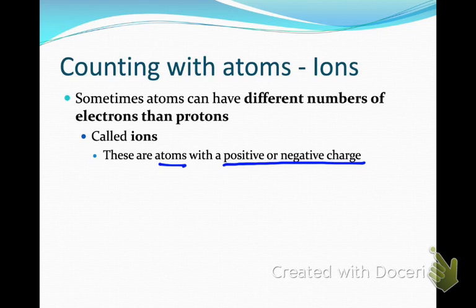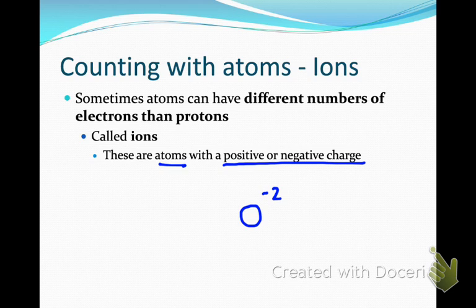You will know if an atom has a charge because the charge will be written up in the top right. So if oxygen has a -2 charge, it's written up here almost like an exponent, up and to the right of that atom. So that would be oxygen that has a -2 charge.